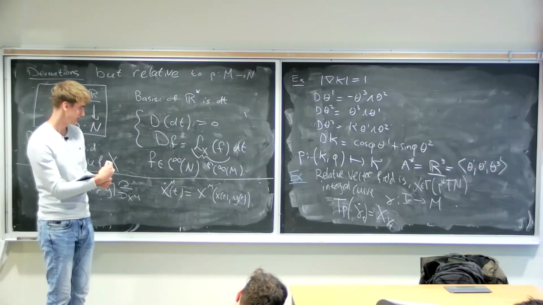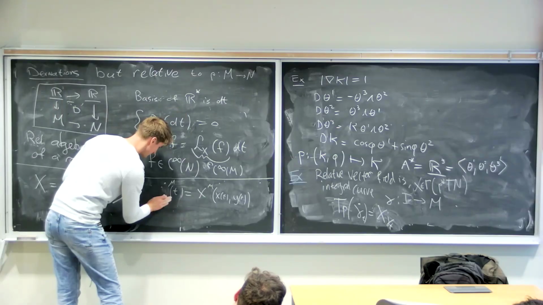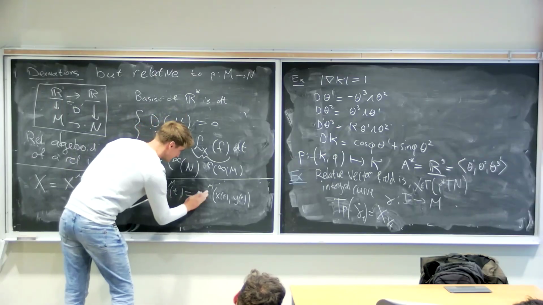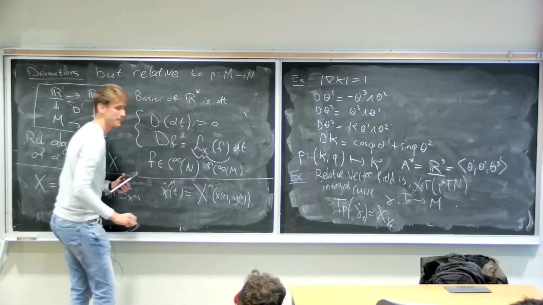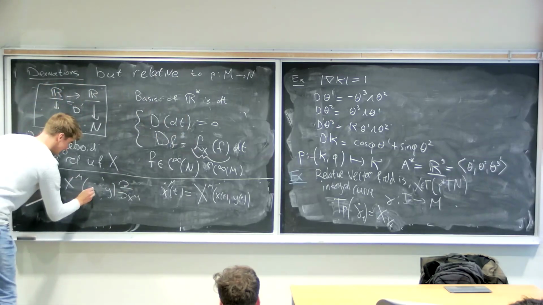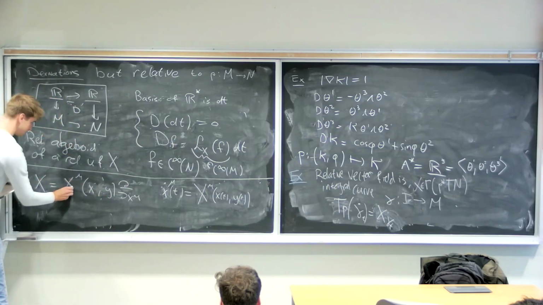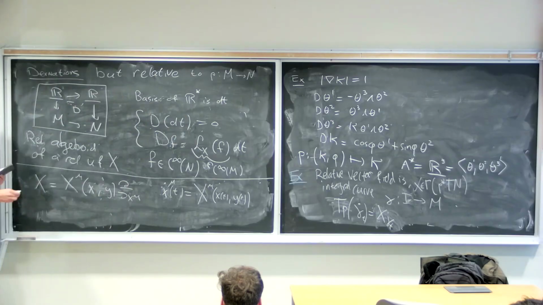There are two x's there, it's a bit confusing. One is supposed to be lowercase and this is supposed to be uppercase. Arguments are lowercase, and this is uppercase X. These are the components of my vector field.